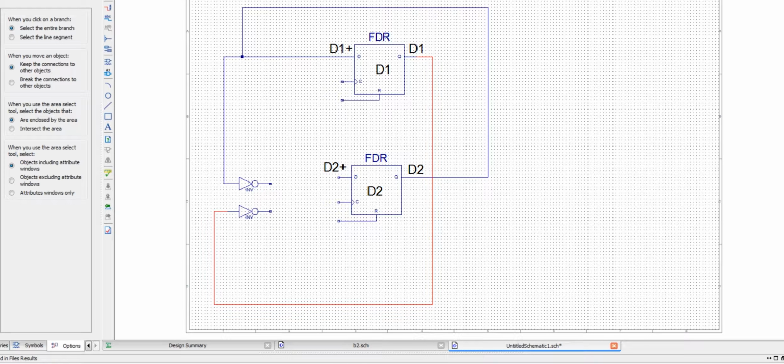You see, this D1 comes all the way from this line and goes to this inverter, or NOT gate, and what comes out of the NOT gate is the opposite of it. So this is not D1, and this one here is not D2, which goes all the way to D2.